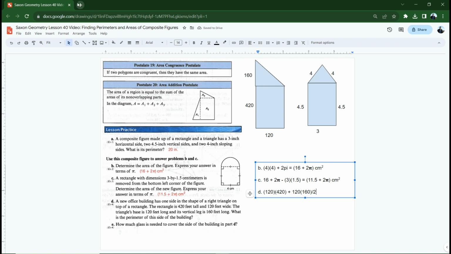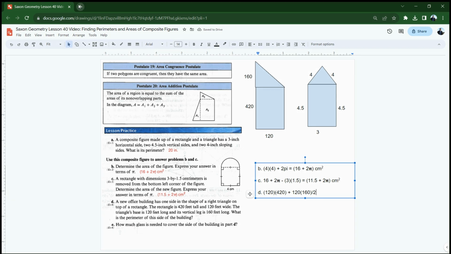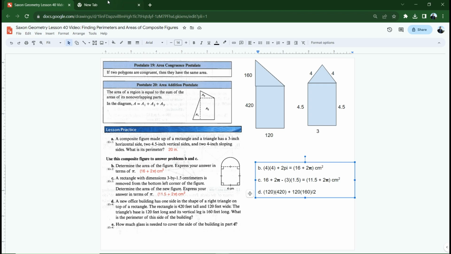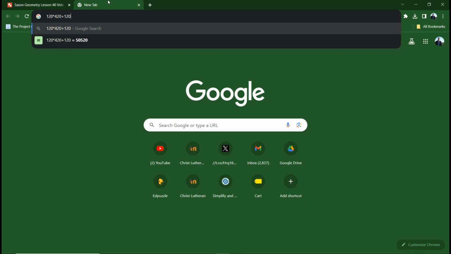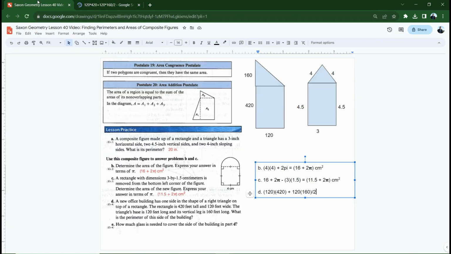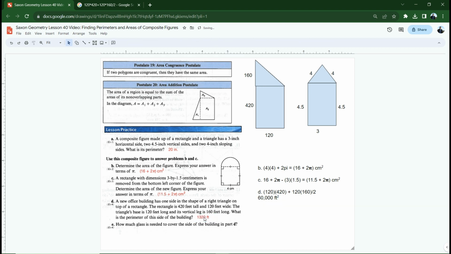I'm just going to do the big math on the calculator tab over here. 120 times 420 plus 120 times 160 divided by 2. I get a total of 60,000, and this is going to be square feet. 60,000 square feet. Let me just double check that. That seems a bit on the nose.